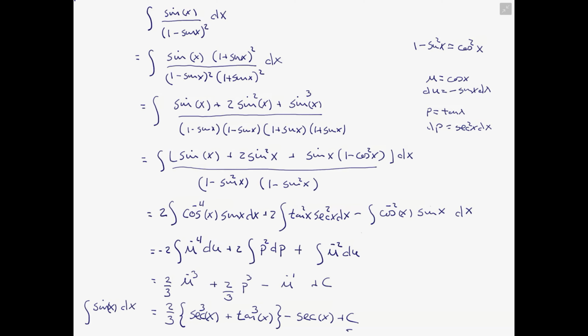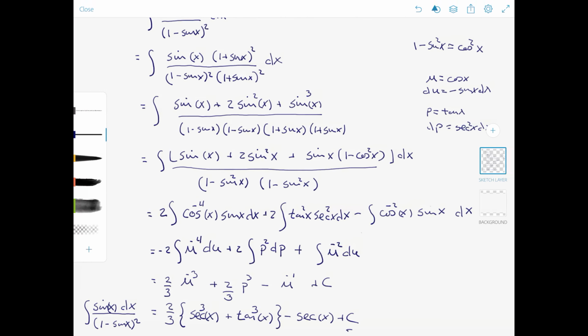So our integral of sine x dx over 1 minus sine x squared is equal to 2/3 secant to the third plus tangent to the third minus secant, and our constant.